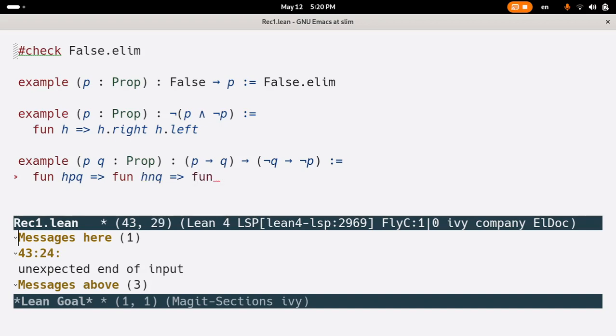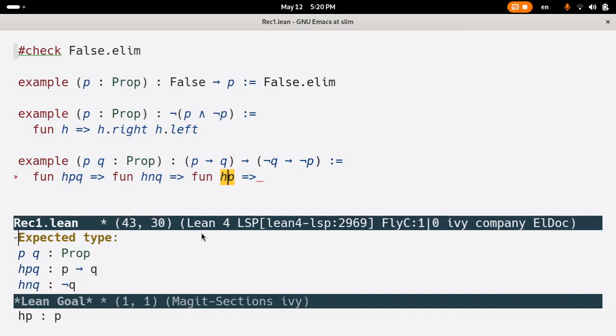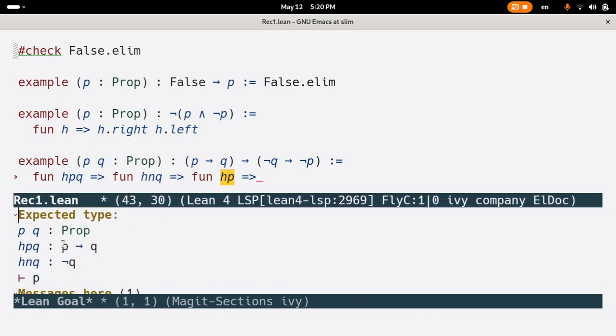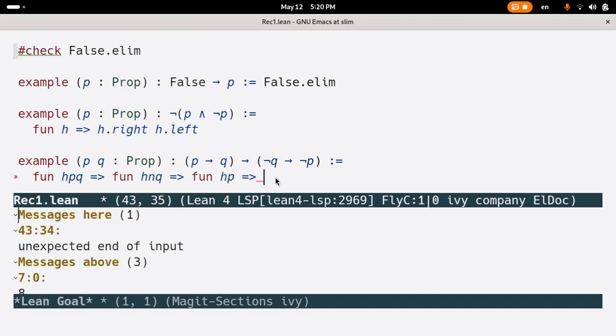We know that such a proof must take a proof of P and produce false. If you look at the current context, you can see that HPQ maps proofs of P to proofs of Q, HNQ can map Q to false, and HP has type P. So we can apply HPQ to HP.